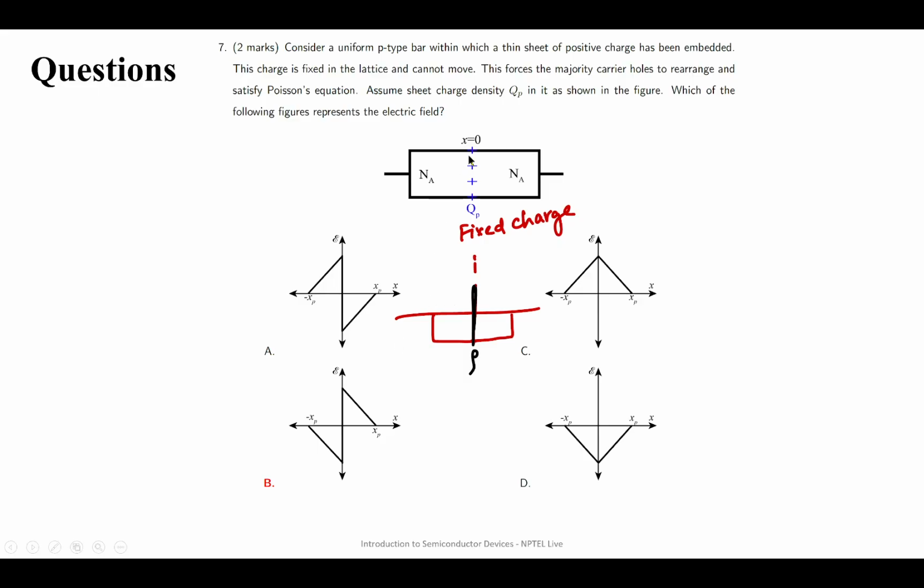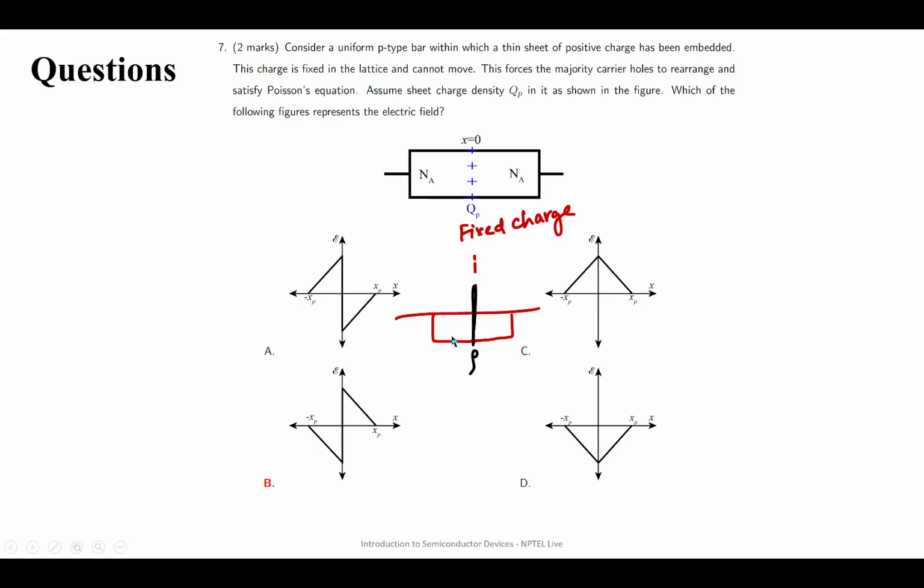When you embed this sheet of charges, it's fixed and not moving. But the carriers in this region can move. In equilibrium, due to the charges in the middle, it will create a charge gradient in this region, and to compensate for that, the charges in this region will move and create a depletion region which looks like this.